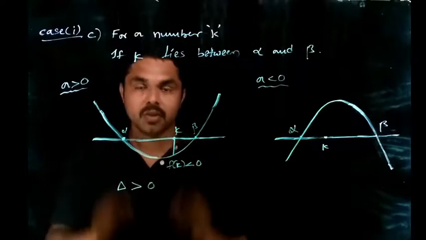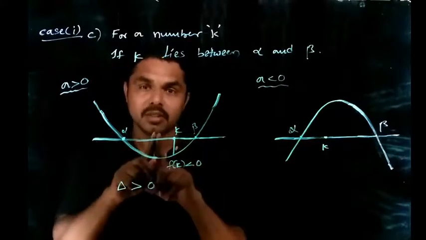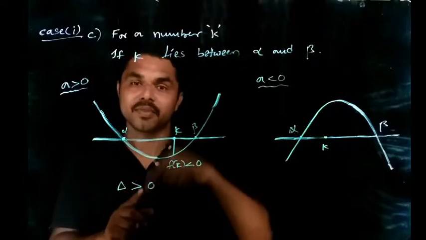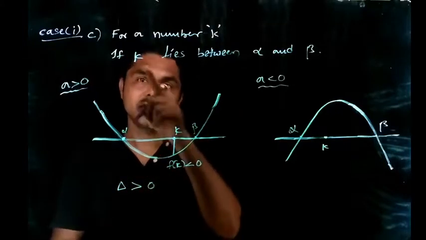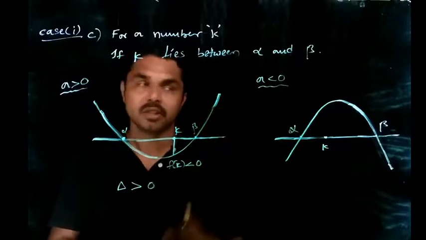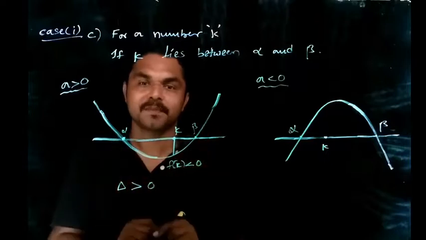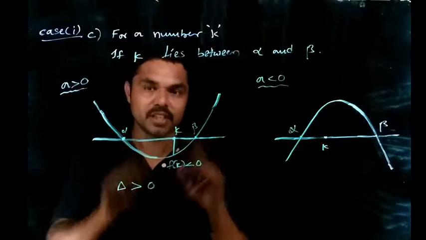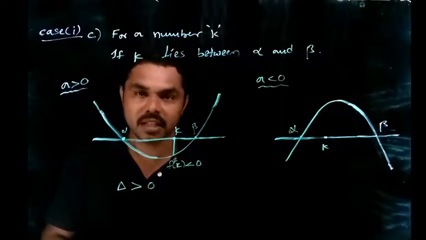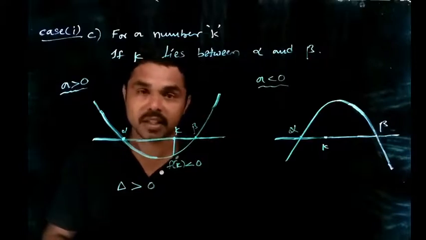So if alpha and beta are equal, we cannot find another constant in between alpha and beta. But here our statement is k lies between alpha and beta. So it is possible only when alpha and beta are two different values. So I took delta greater than 0, not delta greater than or equal to 0.